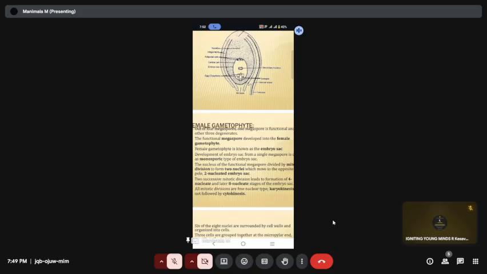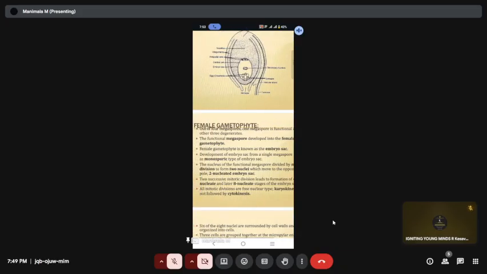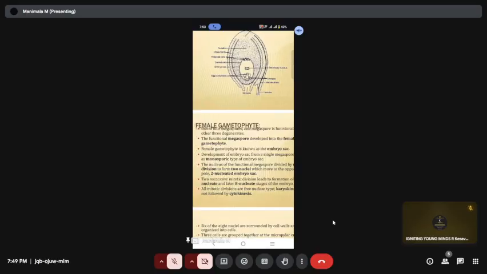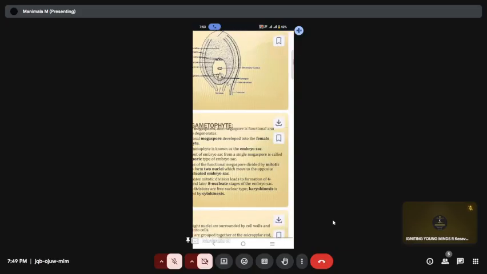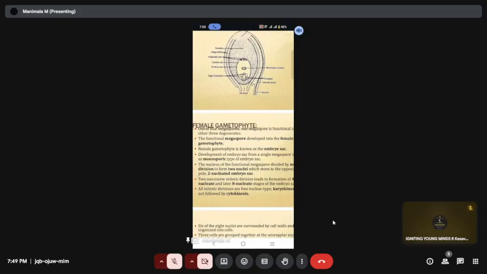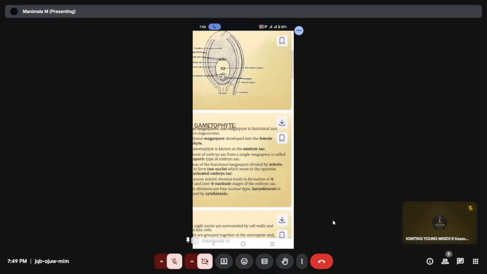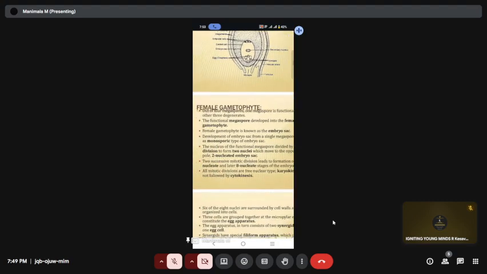This kind of embryo sac is called the monosporic type of embryo sac. Why monosporic? The nucleus of the megaspore first undergoes mitotic division to form two nuclei. These two nuclei again divide and move to opposite poles.